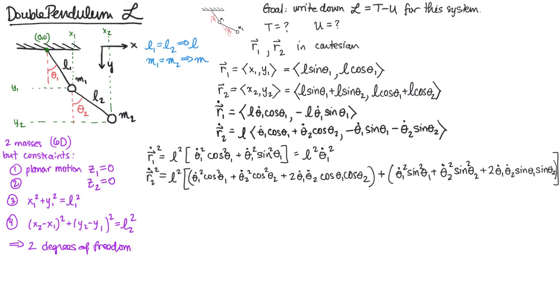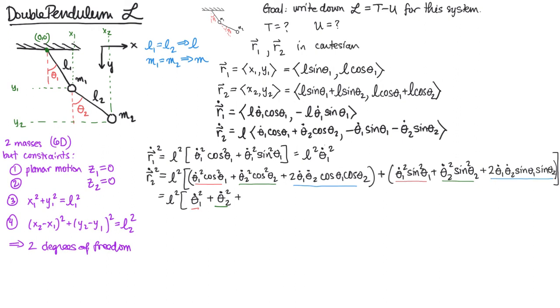Now, of course, this will simplify a fair amount. We have theta 1 dot squared cosine squared plus theta 1 dot squared sine squared. When we add those together, we end up with a theta 1 dot squared. Similarly, we have the same thing for theta 2 dot squared. And then now we have this other set of terms that involve cosine cosine and sine sine.